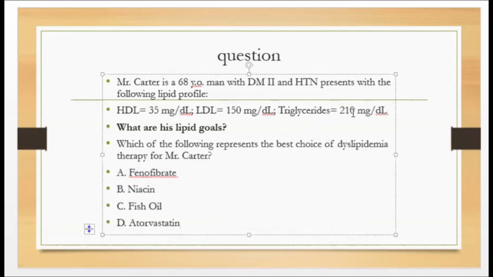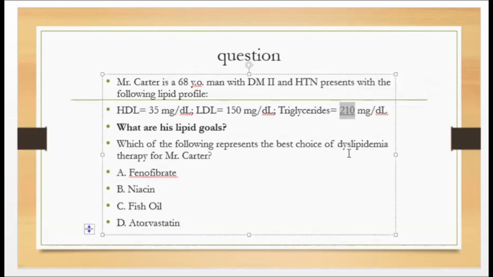But when the triglyceride gets up to like 500 and above, 500, 600, 700, you start them on niacin, fenofibrate, fish oil to avoid pancreatitis. Okay, so you don't do anything at this 210. This 210 is still lifestyle management.